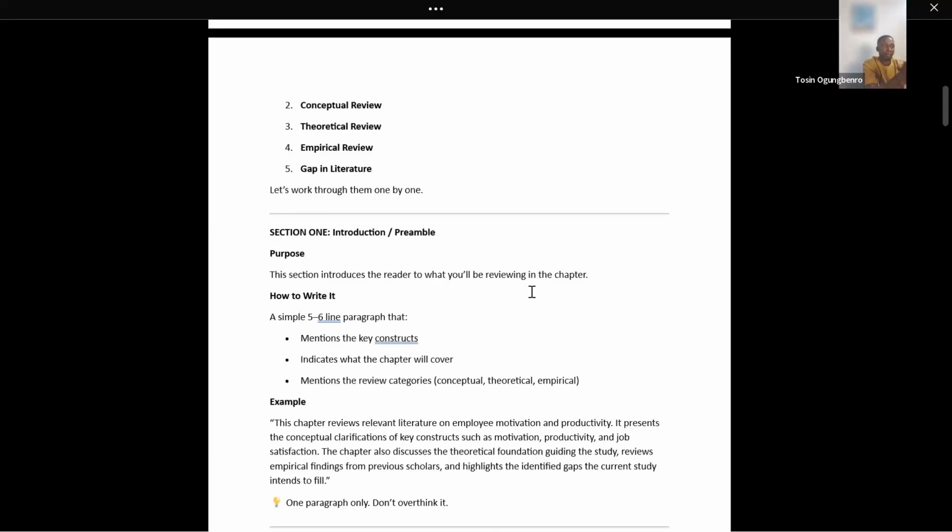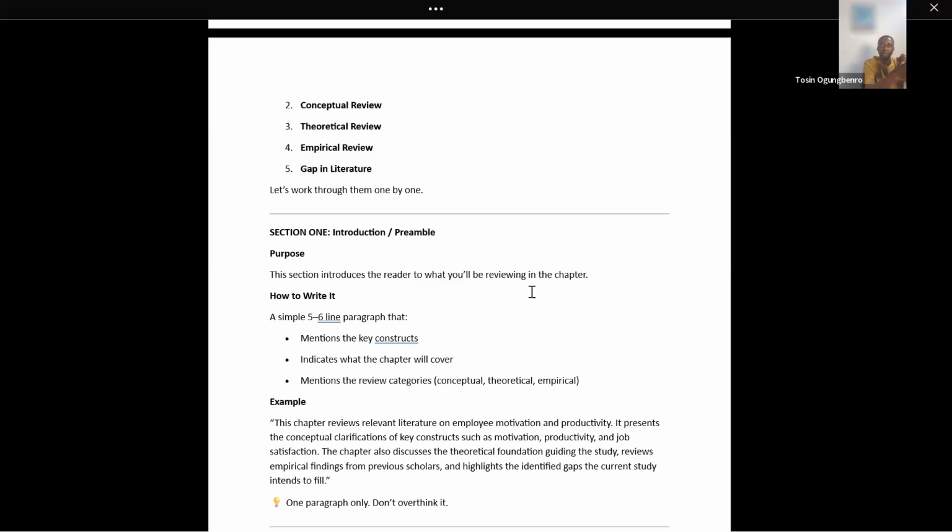Maybe like, this chapter critically reviews existing literature. You can mention your topic, and it covers the literature. It covers the conceptual review. You can briefly talk on the conceptual review you're talking about. Mention them if you like.